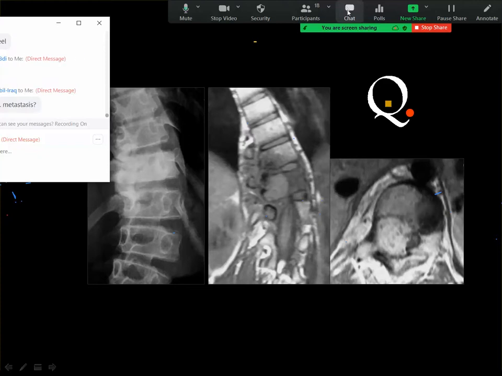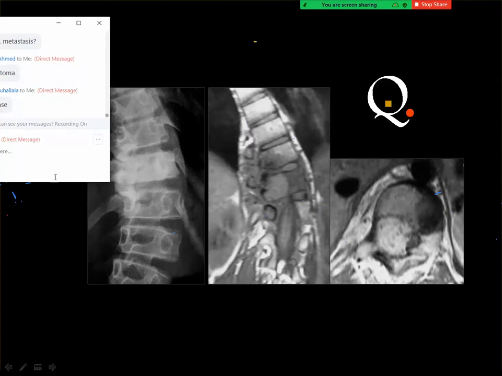Lymphoma or metastasis, and consider this is a young person with classic appearance. Yes, very good, this is osteoblastoma.